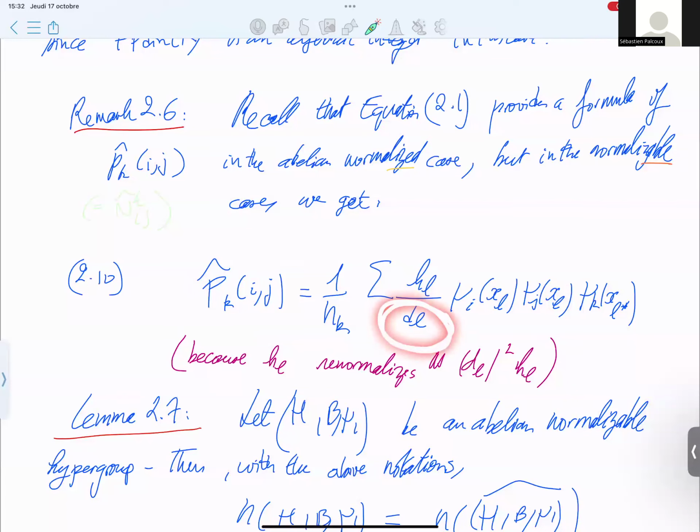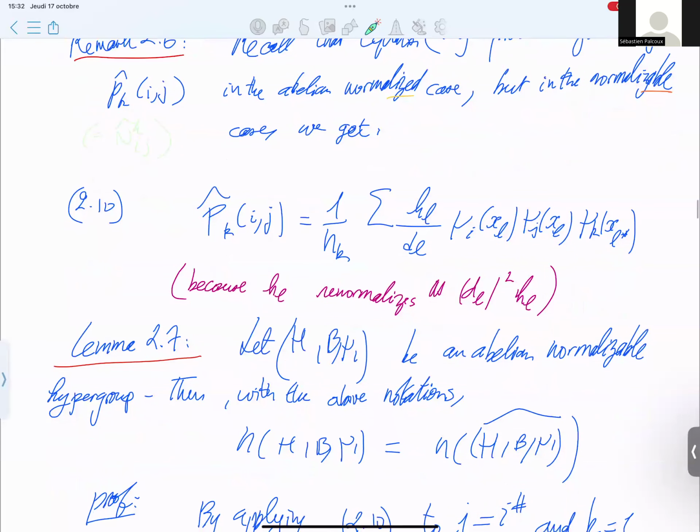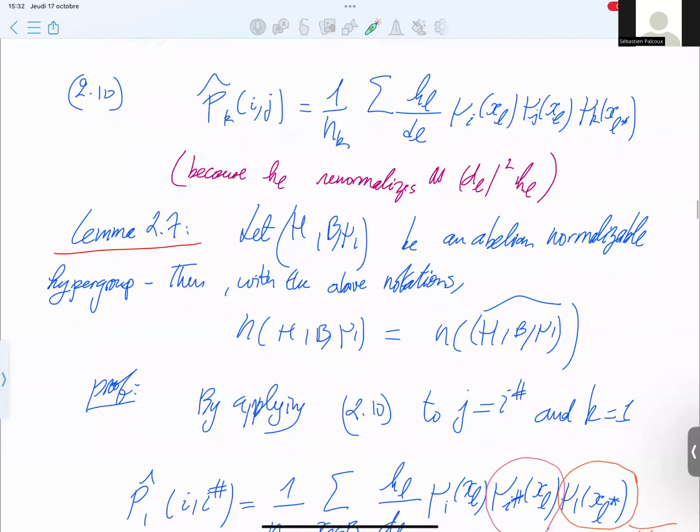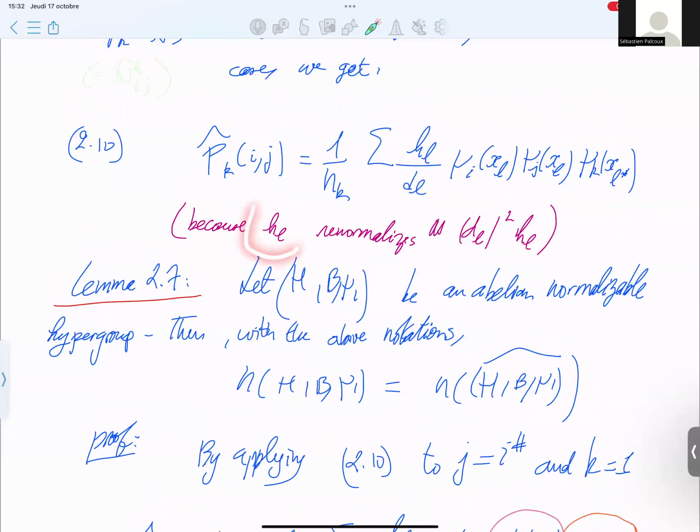In fact, in the normalized case, everything is 1, so you don't have this coefficient. So for normalizable, you have this coefficient. Here I wrote, in the normalized case, you have only that, but for the normalizable case, this number is renormalized as this number. Something like that.